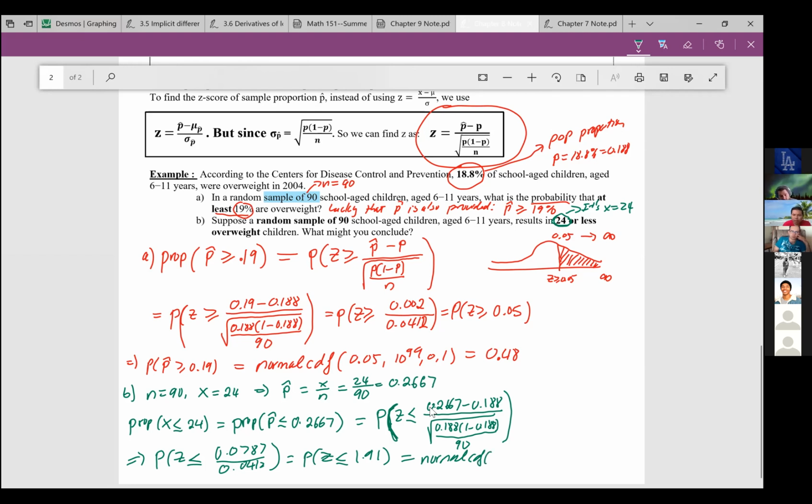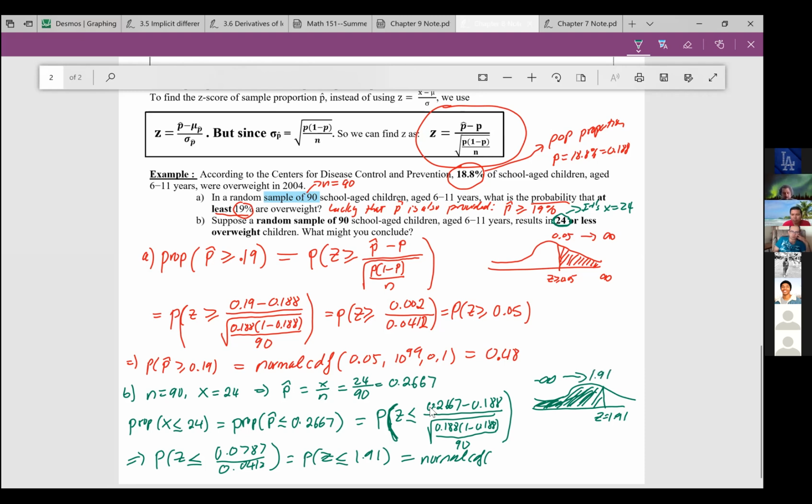All right, so in this case, we want to be less than or equal, right? You look at the bell curve, this is z equal 1.91, and we want less than on the left-hand side of that. So we travel from negative infinity all the way until 1.91.